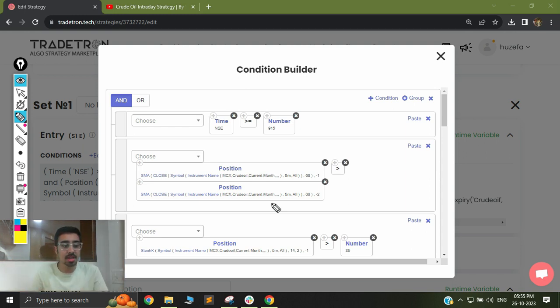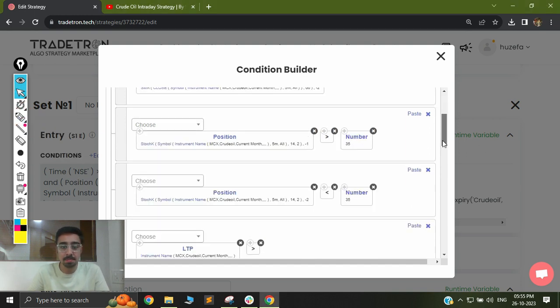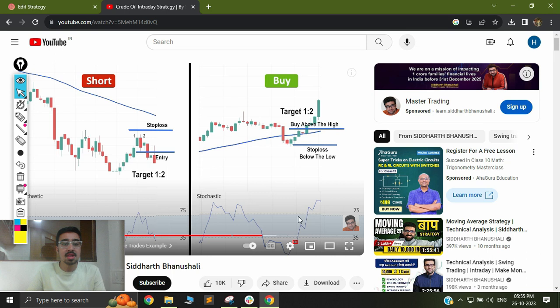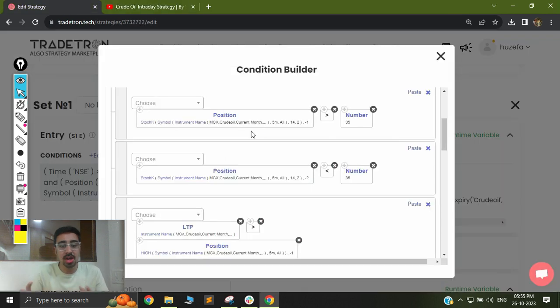Now the next condition is our crossover. We are looking at a stochastic. In our long condition, as per the strategy shown, we have to see a crossover above 35. The stochastic has to be below 35 and then it has to cross above it. To capture that, I have selected stochastic K and a -2 candle.